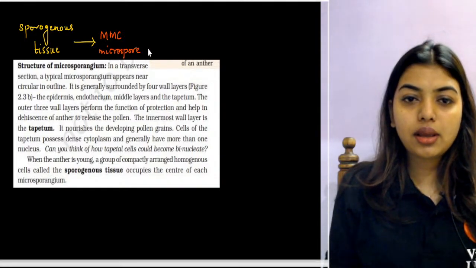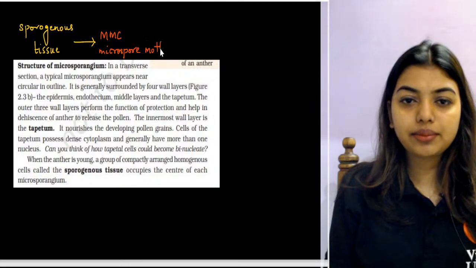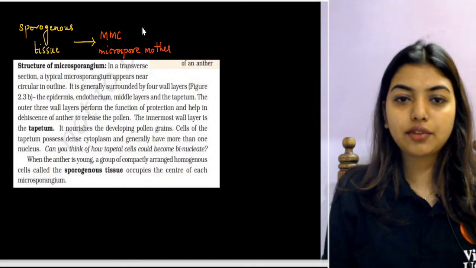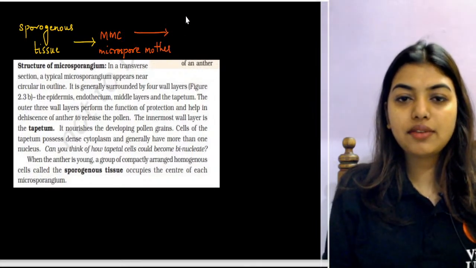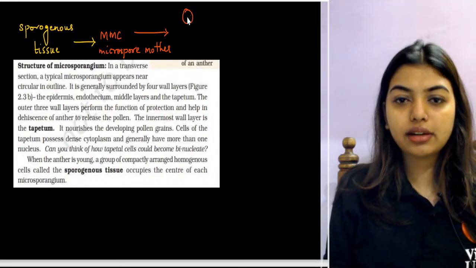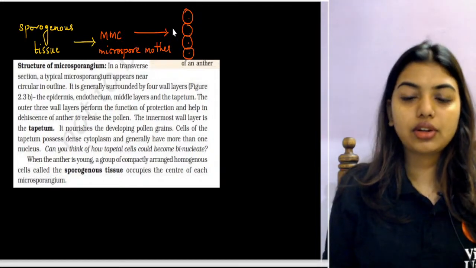This microspore mother cell will form the microspore tetrad. Tetrad means 4.